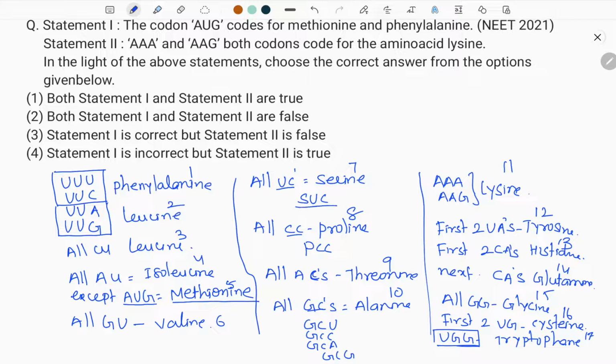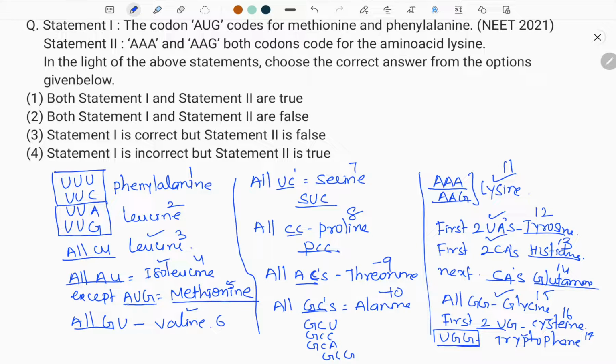I say SUC for serine, PCC for proline, lag for lysine, all ACs threonine, all GCs alanine, first two A's tyrosine, first two CA's histidine, next two CA's glutamine, all GG's glycine, UGG tryptophan, first two UG cysteine, all CU's leucine, all AU's isoleucine, all GU's valine.